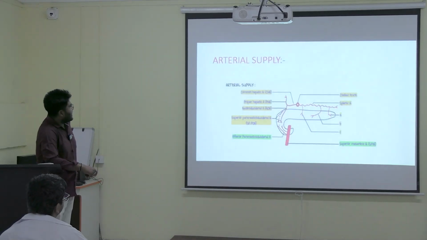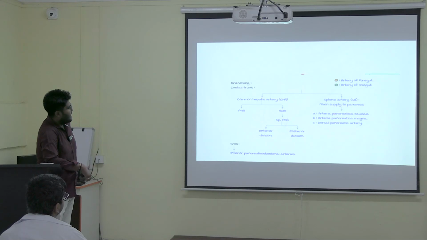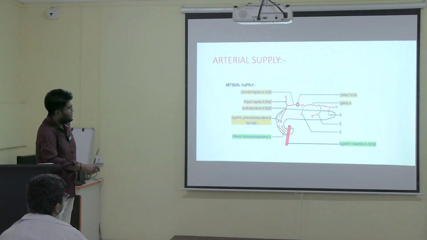Next, the arterial supply. The main one is the celiac trunk, which comes from the abdominal aorta, giving the common hepatic artery and the splenic artery. The splenic artery is the main branch for the pancreas, and it has three branches: the arteria pancreatica magna, the caudal pancreatic artery, and the dorsal pancreatic artery. These supply mainly the tail and body.